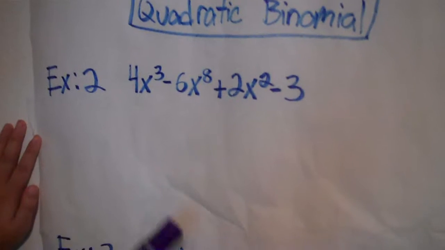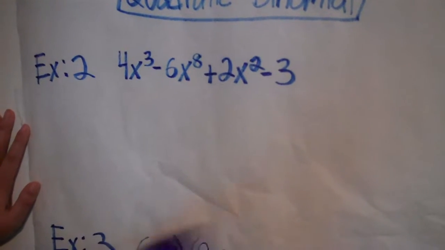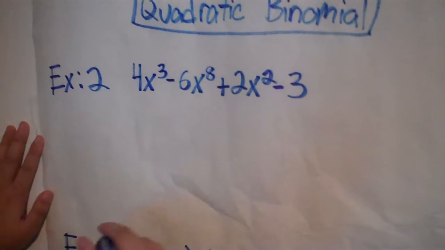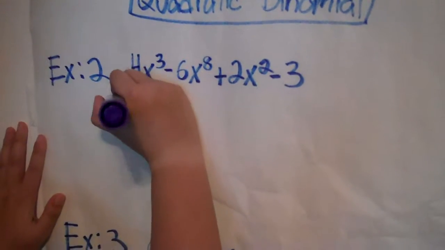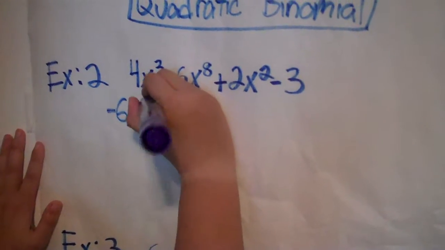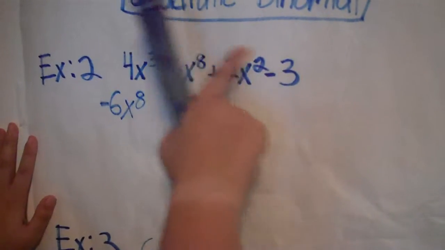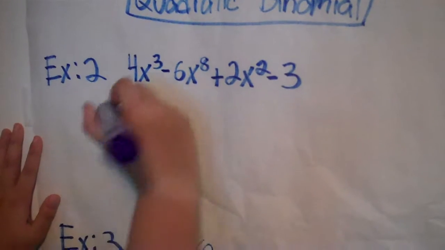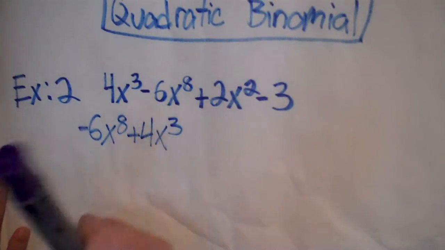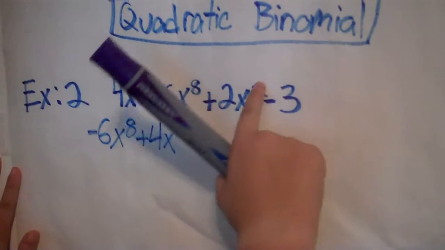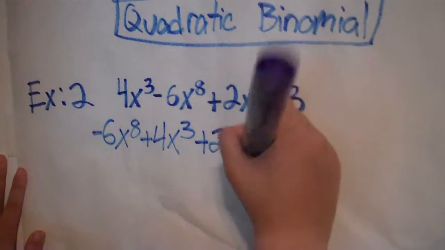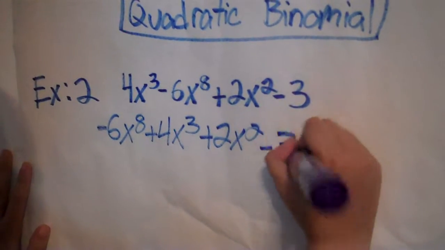What we have to do here is first put it into standard form. Since x to the 8th power is the largest, we go negative 6x to the 8th power, and then we look for the next highest exponent, 4x cubed, plus 4x cubed, next highest, 2x squared, plus 2x squared, and minus 3.